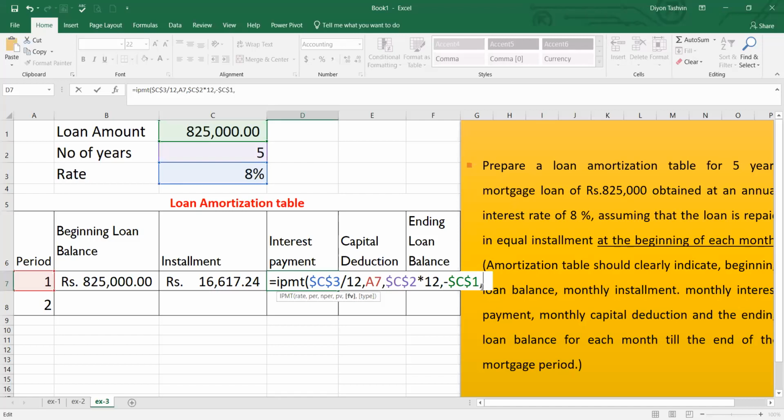Then we have to skip the future value because it is not provided in the question. Then we have to insert the type. Since this question is referring to the payment term as at the beginning of the period, we have to put 1 here. Then we have to close the bracket.